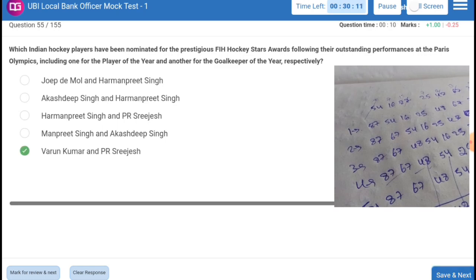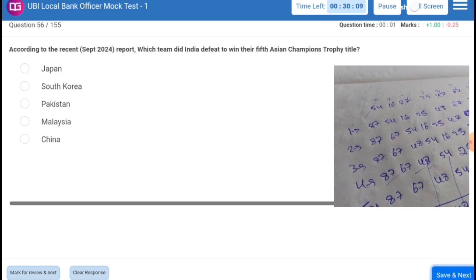So PR Sreejesh and Harmanpreet Singh. According to the recent report, which team did India defeat to win their 5th Asian Champions Trophy title? I think China or Japan.